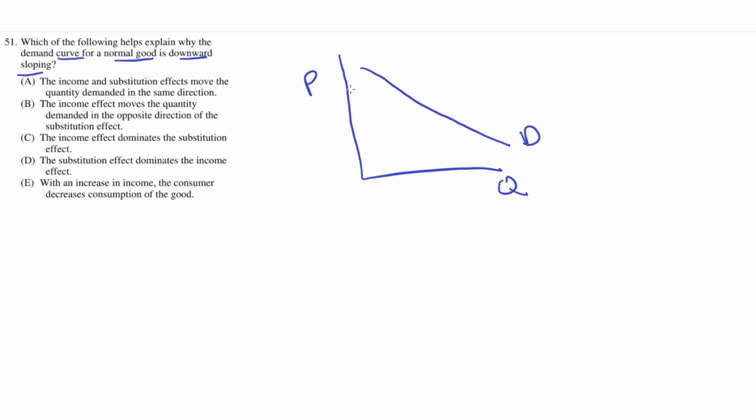Now, there's two key concepts in this case, which are the income effect and the substitution effect, as well as the law of demand, which says that as price increases, demand for the good decreases, because if the item costs more, people will buy less of it.